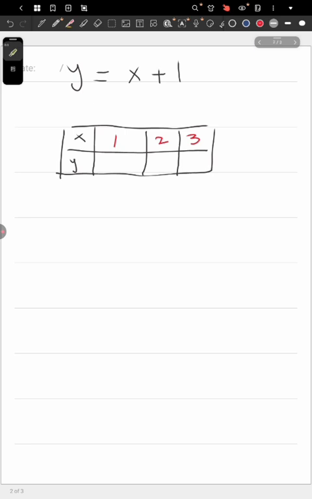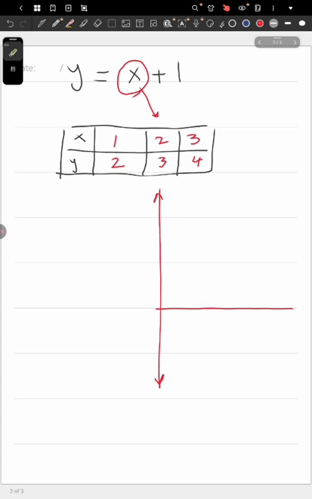Okay. If you substitute in this equation x plus 1, x equals 1, 1 plus 1 equals 2, and in the second, x equals 2, then 2 plus 1 equals 3, and x equals 3, 3 plus 1 equals 4. Then you can graph this function by 2 axes.